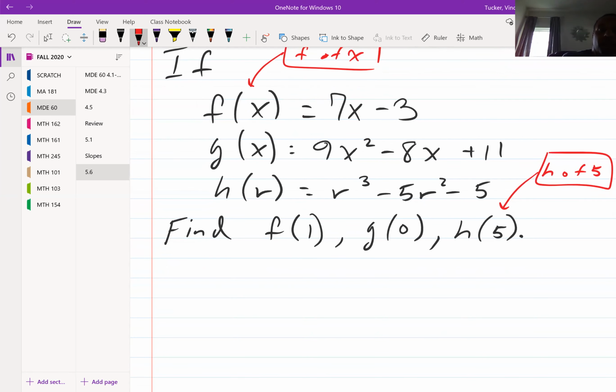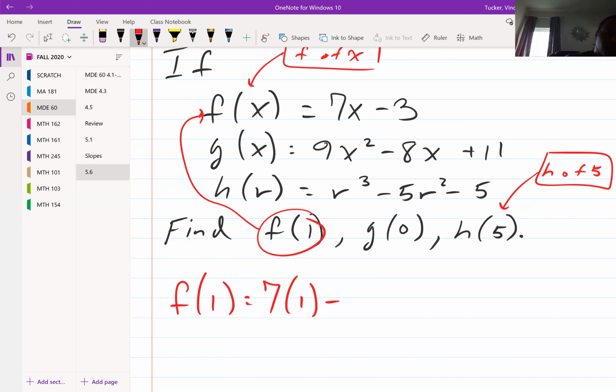So if I want to find f of 1, then I'm going to the f of x function and plugging in: 7 times 1 is 7, minus 3, and that's 4.